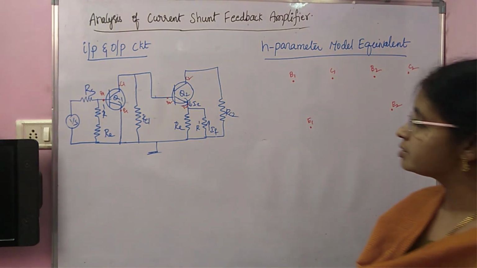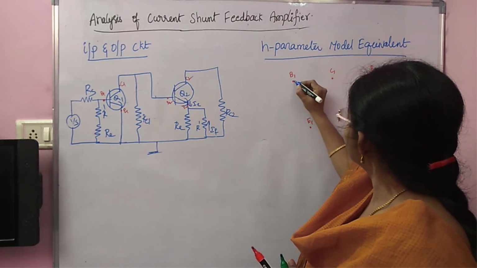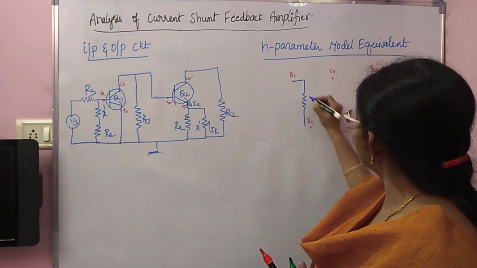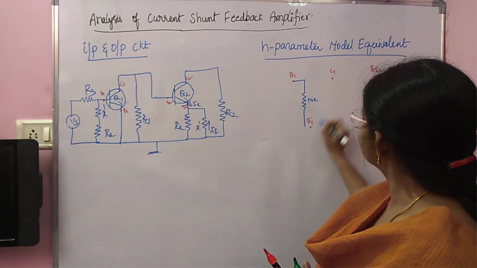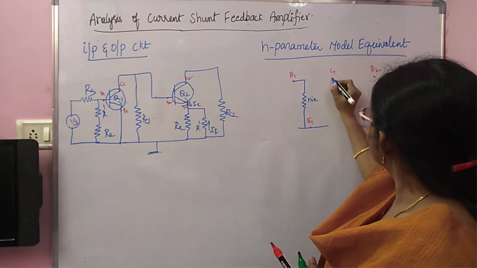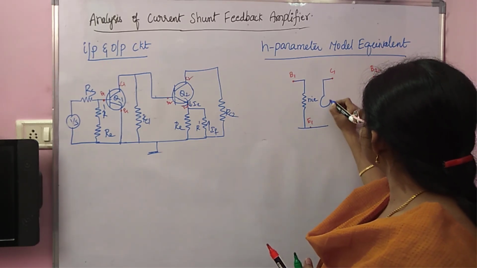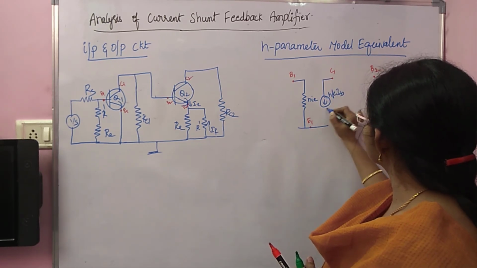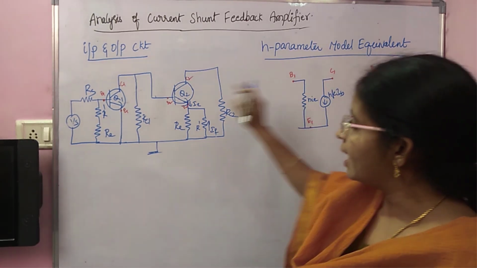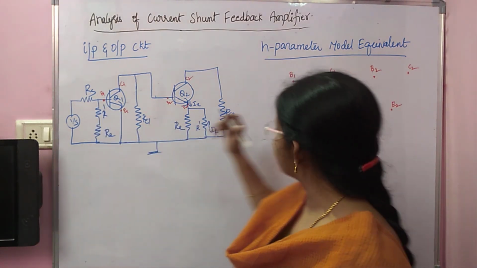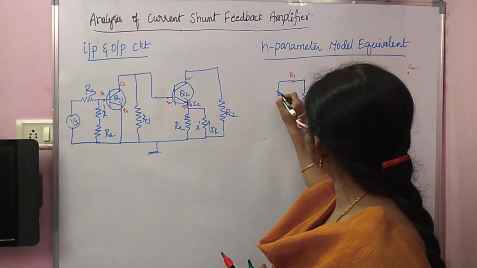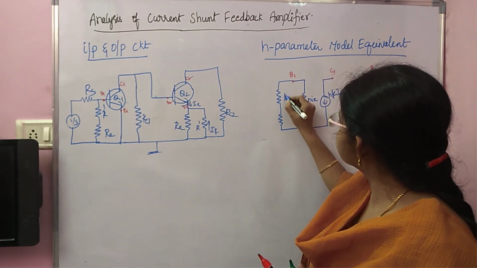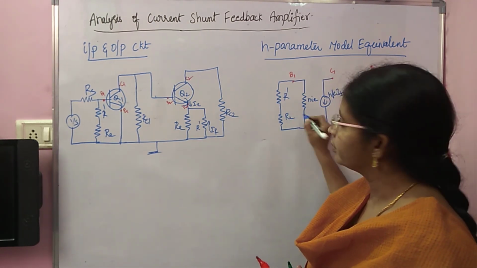From B1 to E1, we have hie. From C1 to E1, we have hfe IB. At B1, you see R dash and RE in series combination. Yes, R dash and RE.